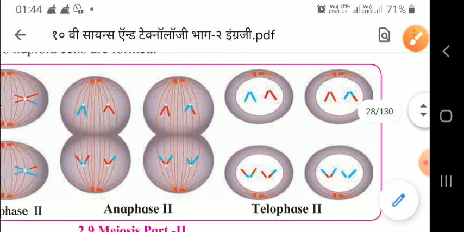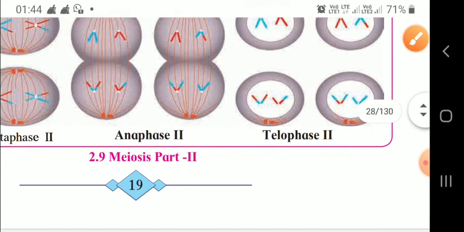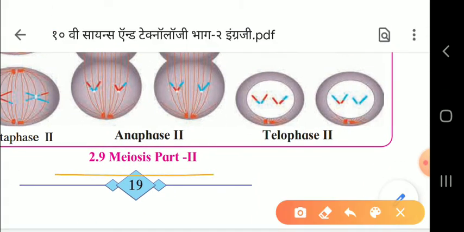Now here you can see children, this one cell, two cell, third cell, fourth cell, four cells are formed here. So this is all about meiosis part 2. So this way the division occurs in meiosis in two parts. First is meiosis 1 and second is meiosis 2. Meiosis 2 is just like mitosis.